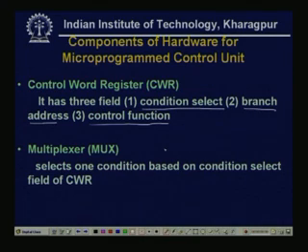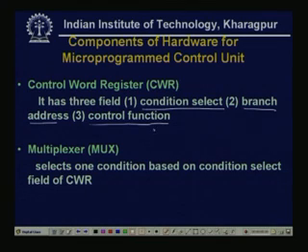In the case of a conditional branch micro instruction, if the condition specified by the condition select field is true, the MPC is loaded with the branch address field of the CWR. Otherwise, the MPC is incremented to point to the next micro instruction.